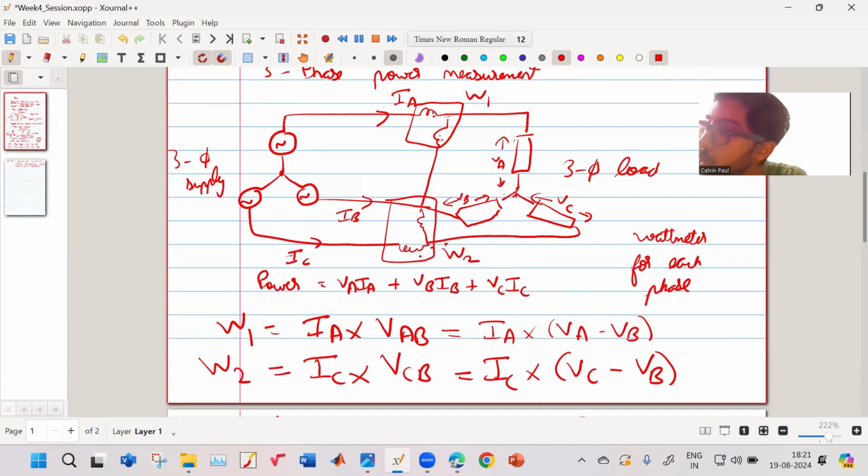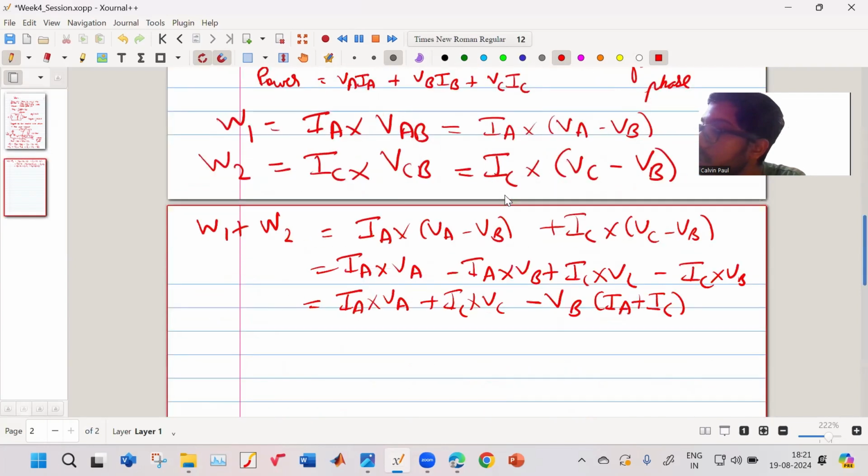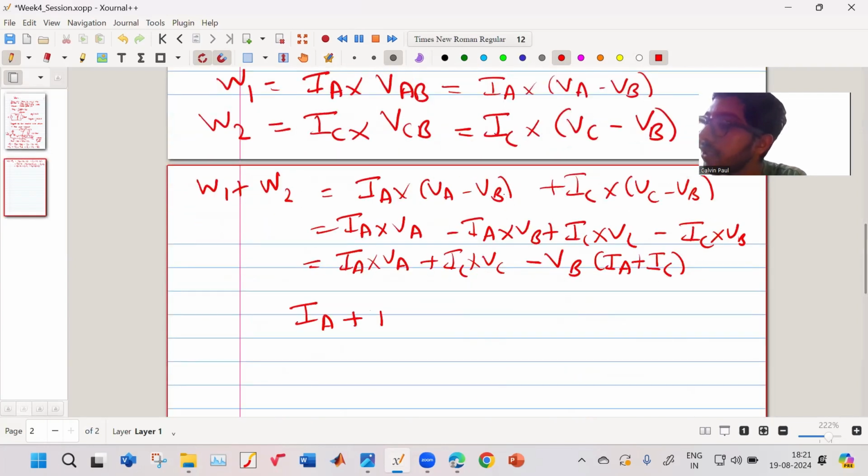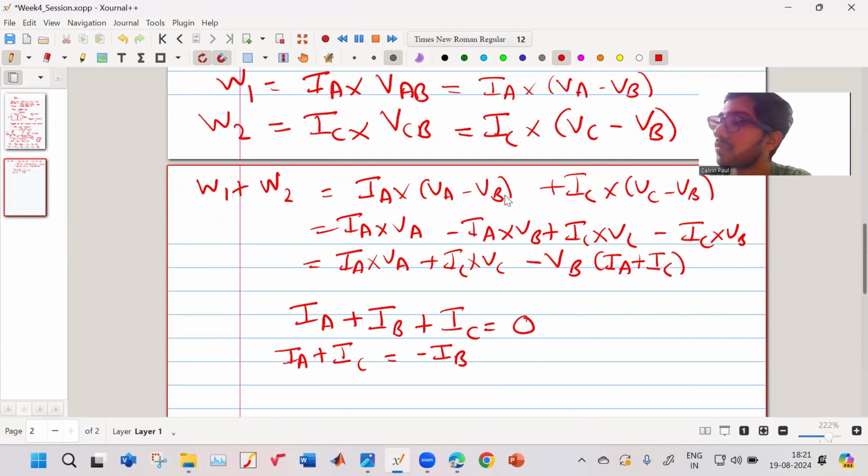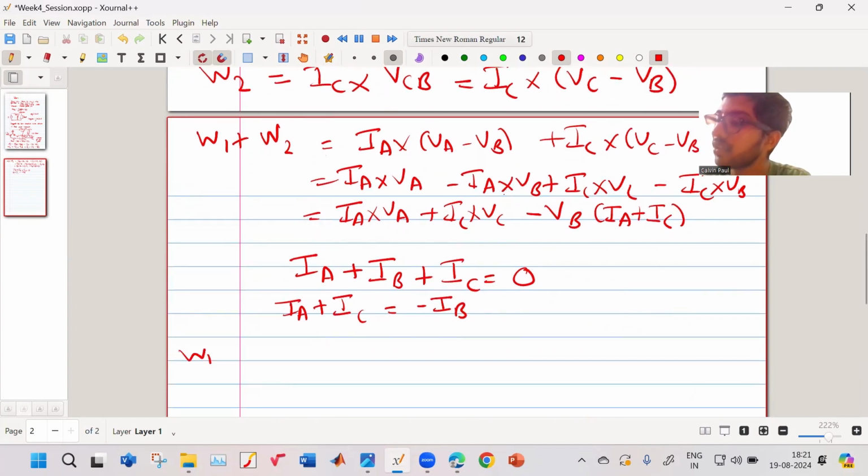If you see this node over here, IA and IC are coming here. So IA plus IB plus IC is equal to 0. So we can also write IA plus IC is equal to minus IB. That's why W1 plus W2 is equal to IA into VA plus IC into VC minus VB into minus IB.